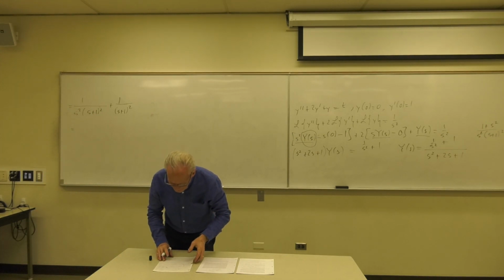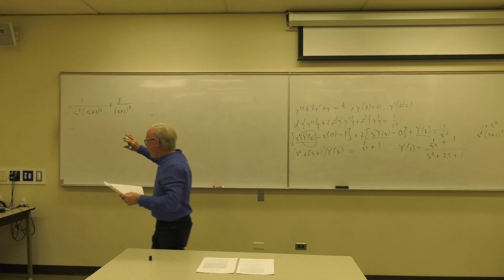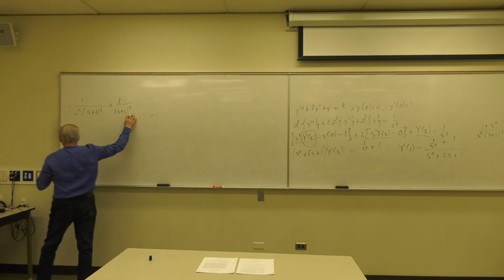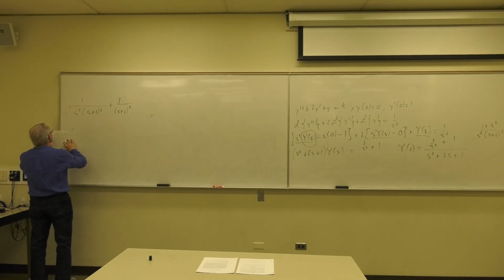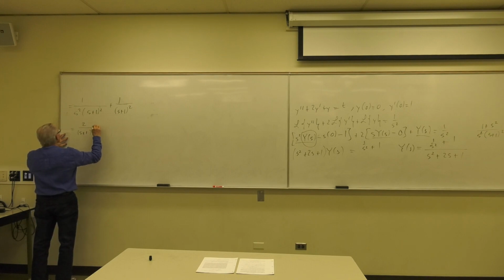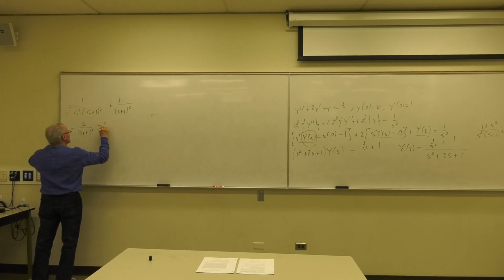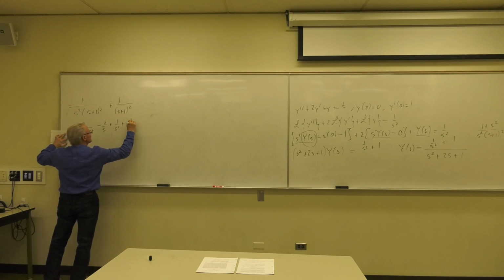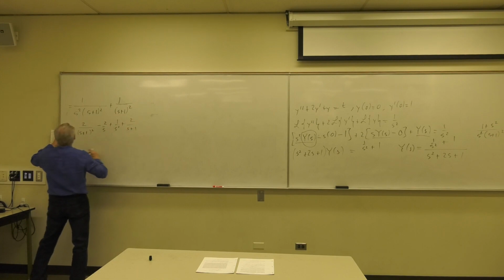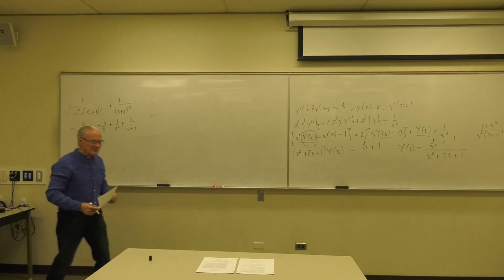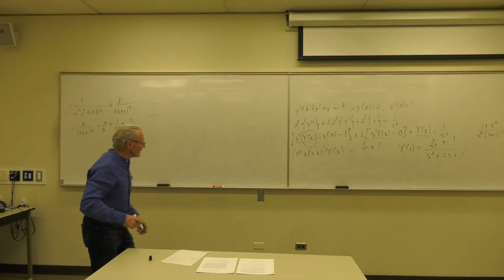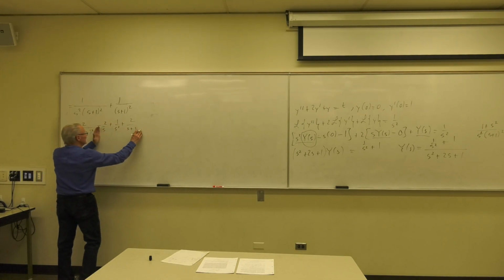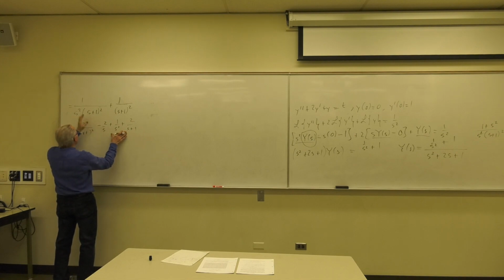I'm going to tell you that if you partial fraction that whole thing, including this, you get 2 over s plus 1 squared, minus 2 over s plus 1 over s squared, plus 2 over s plus 1. Is that reasonable? So in other words, these terms are coming from there.